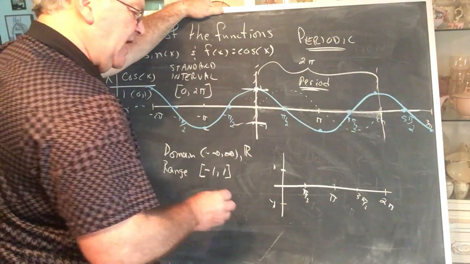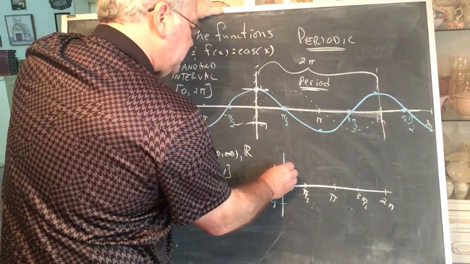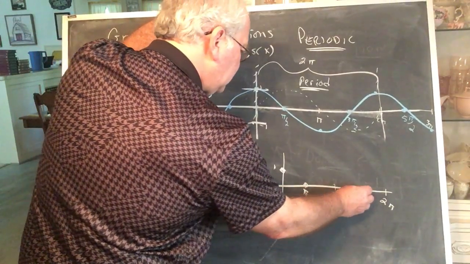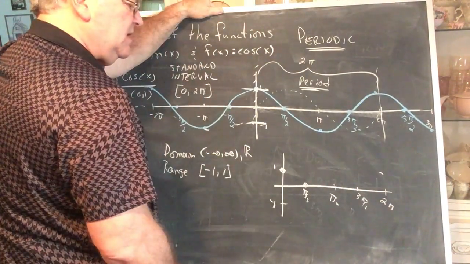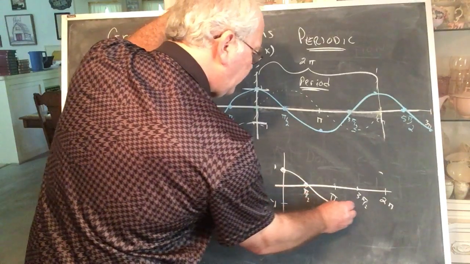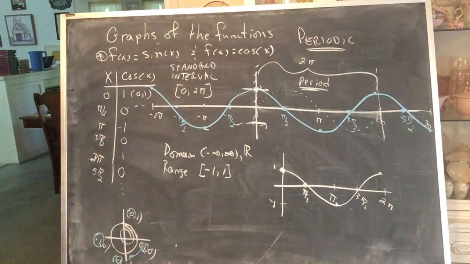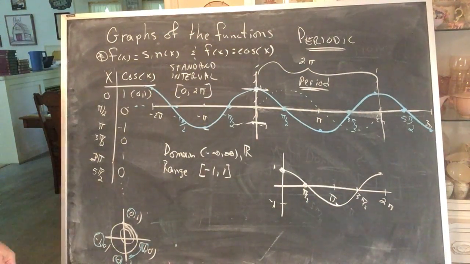The difference is cosine starts at the top. Cosine starts at 1, sine starts at 0. And so that's the graph of one period, the standard interval. We've graphed cosine over the standard interval. So that's the graph of the basic shape cosine curve.